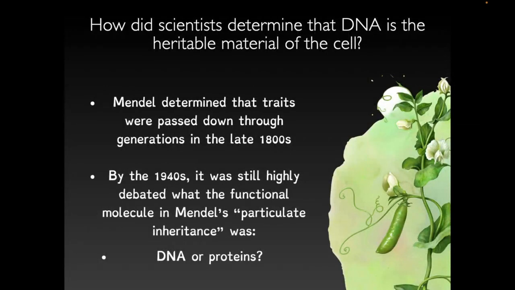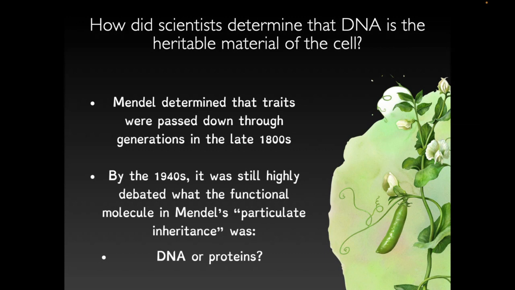So how did scientists determine that DNA is the heritable molecule or material of the cell? In other words, how did people know that there was an actual physical thing that was being passed on between generations that was determining the phenotype of organisms?